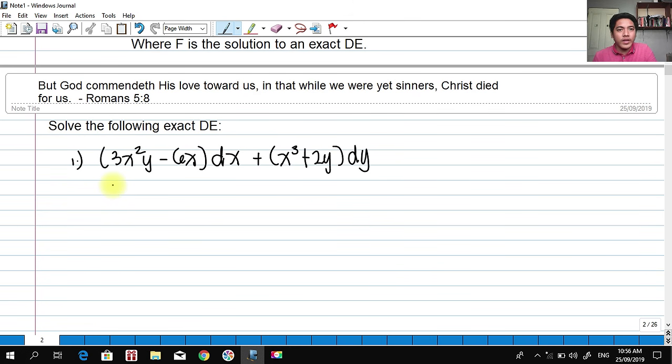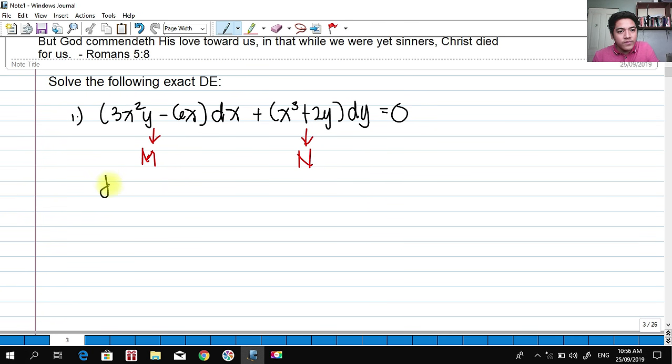As we discussed in our previous video, all the terms containing x and y with the dx are our M, and all the terms with our dy are N. So this should be equal to 0. I forgot to write it. To solve this, we're going to test for its exactness.